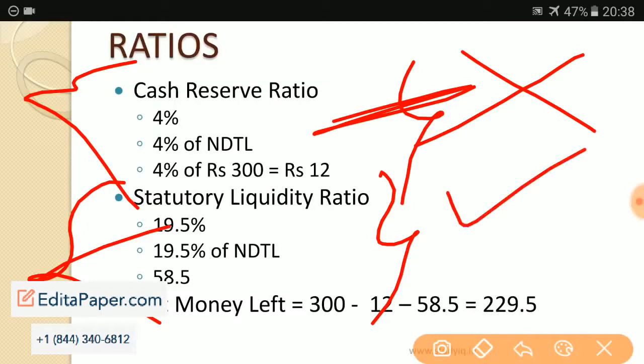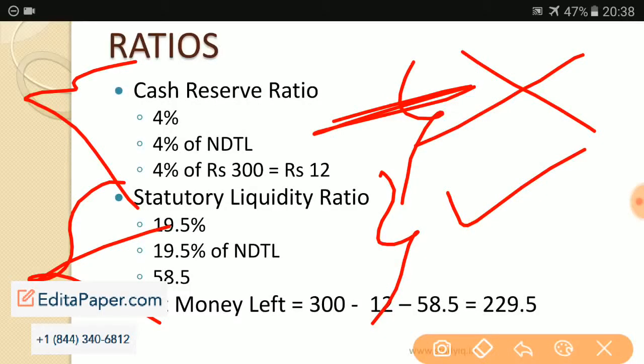Let us say that under the statutory liquidity ratio banks invest some money in government securities, then obviously the government would be giving them interest payment. Or if they are investing in gold, then as the rate of gold increases, the banks would have some sort of earning.